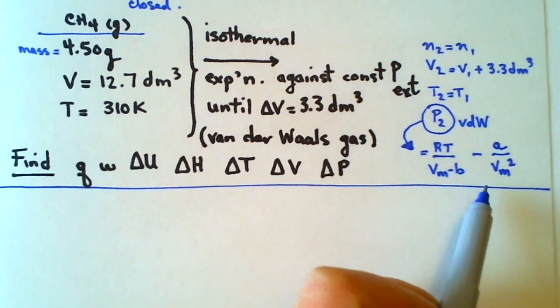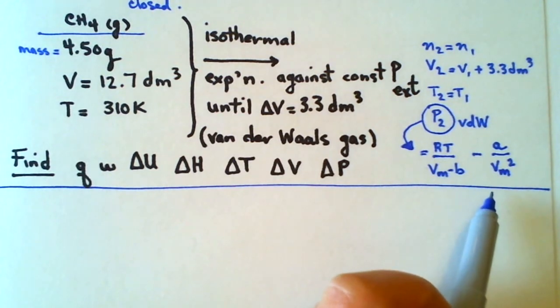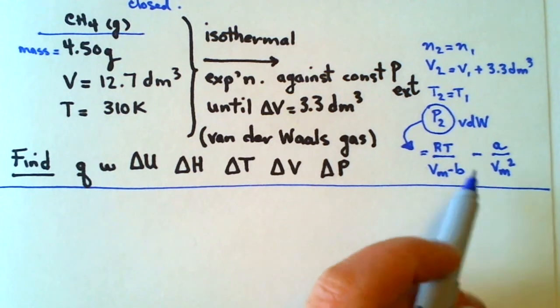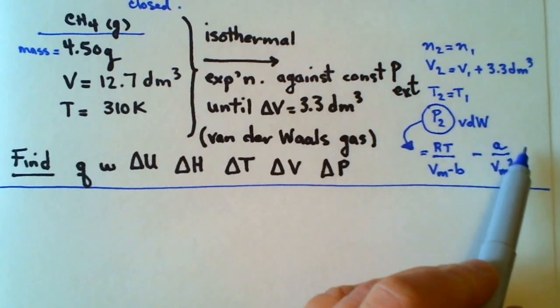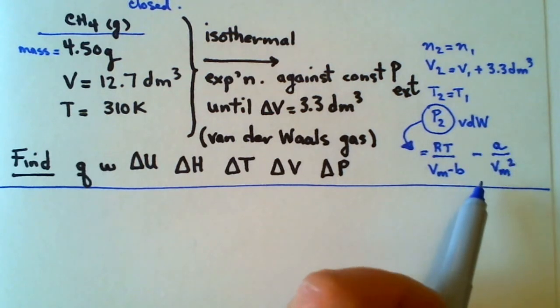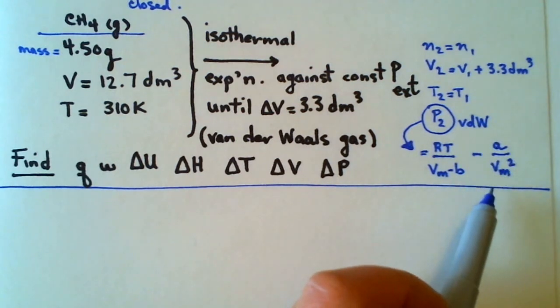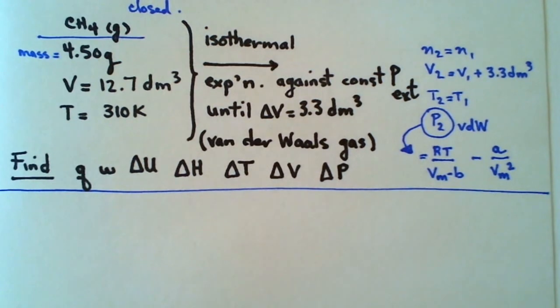Yeah, and I also showed you just a moment ago that pi sub T, the isothermal internal pressure, was about equal to A over Vm squared for a van der Waals gas. Well, just remember, I'm going to get another sheet here, piece of paper, just to explain that.